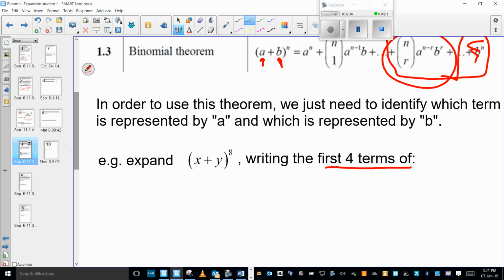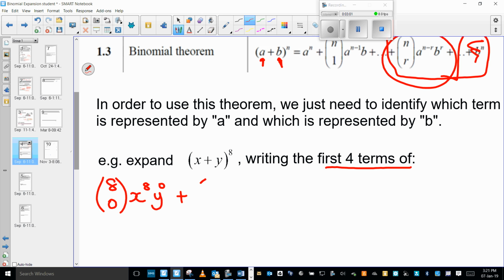So the first term would be 8, 0, following this, x to the power 8, y to the power 0. Are we happy with that? Let me tell you the second term and maybe you'll be happier.